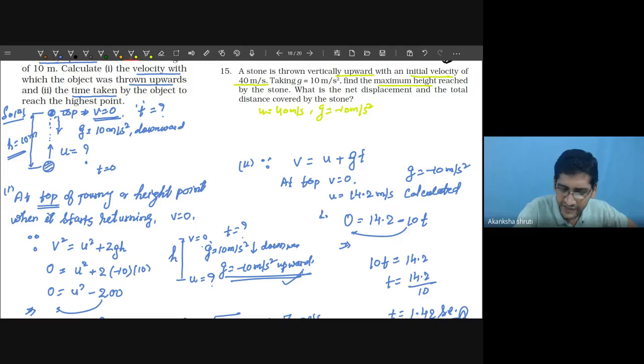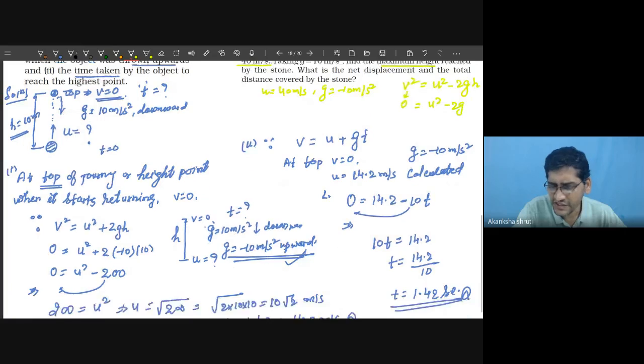Students, again we need to apply the same thing. At the top, v is equal to 0, applying v square is equal to u square plus 2gh. In this case, g is negative, so we can directly use minus g. Now v is going to be 0, so 0 is equal to u square minus 2gh.